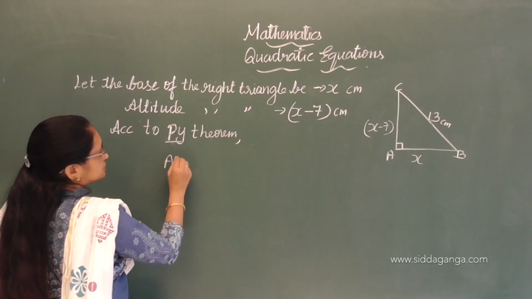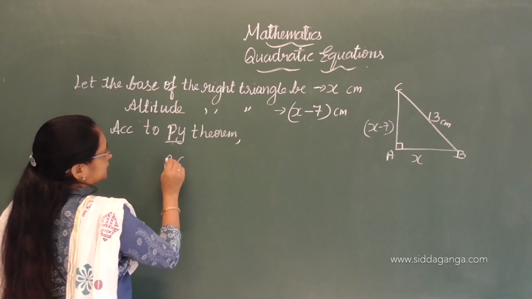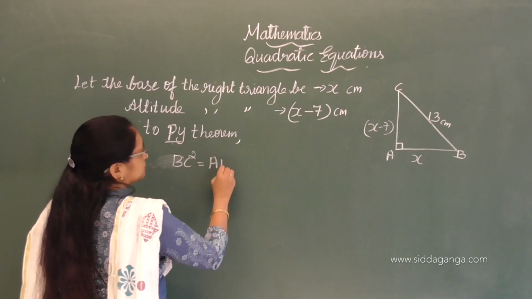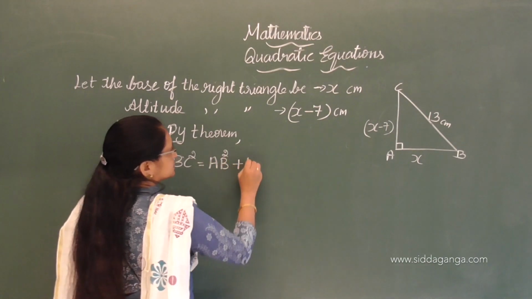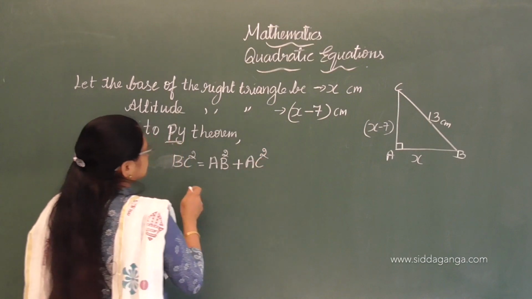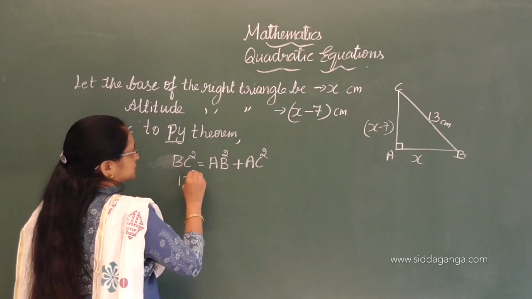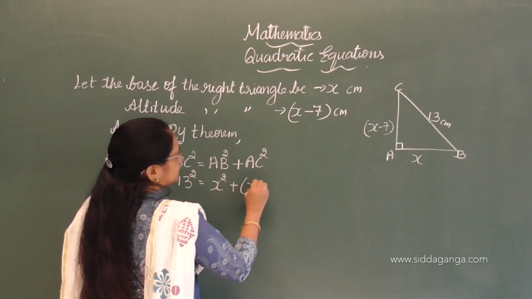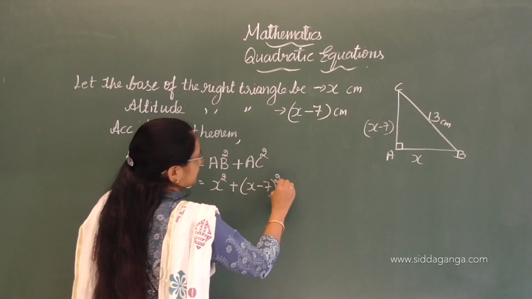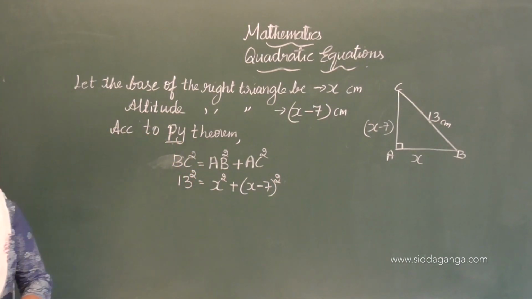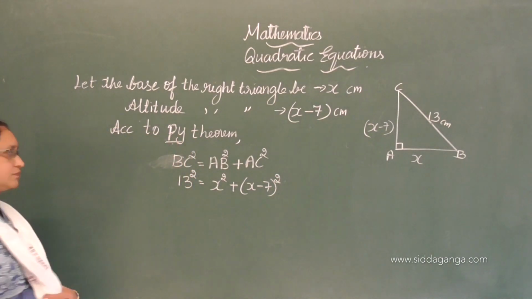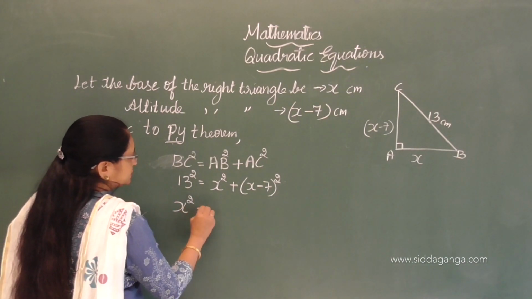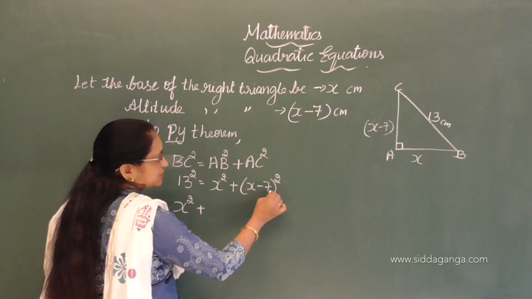see, we know that BC square is equal to AB square plus AC square. So, here 13 square is equal to AB square is x square plus x minus 7 whole square. You all know this. So, let us work out. Now, here x square plus x minus 7 whole square.